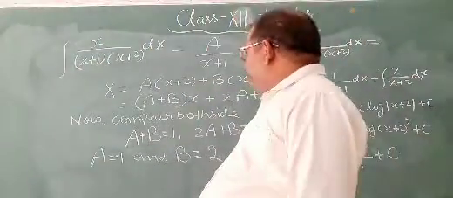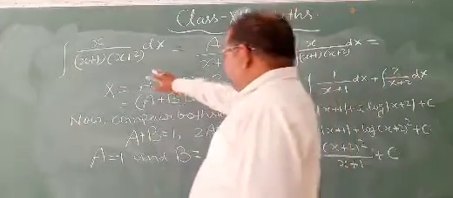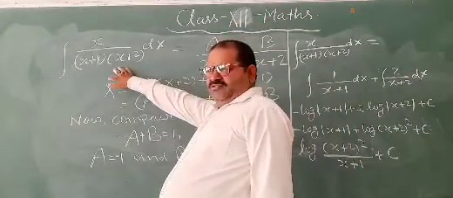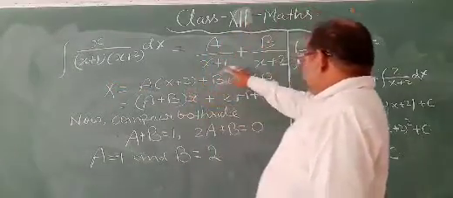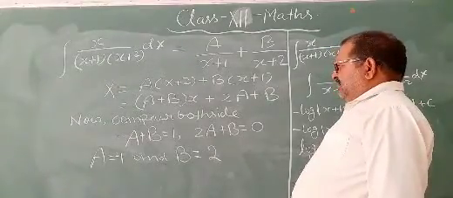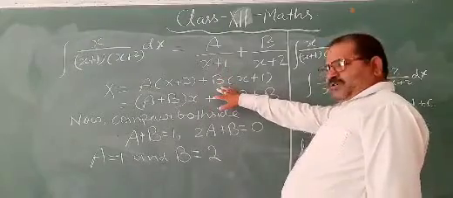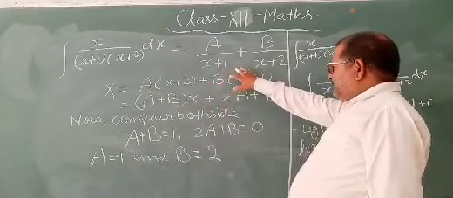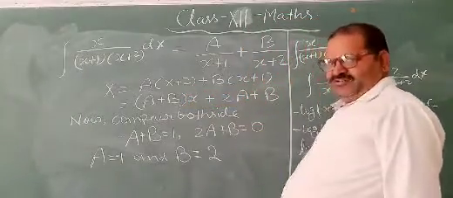Now this is the integration of the function such that this integration changes into the partial fraction, and we take the LCM of the right side, a(x plus 2) plus b(x plus 1).